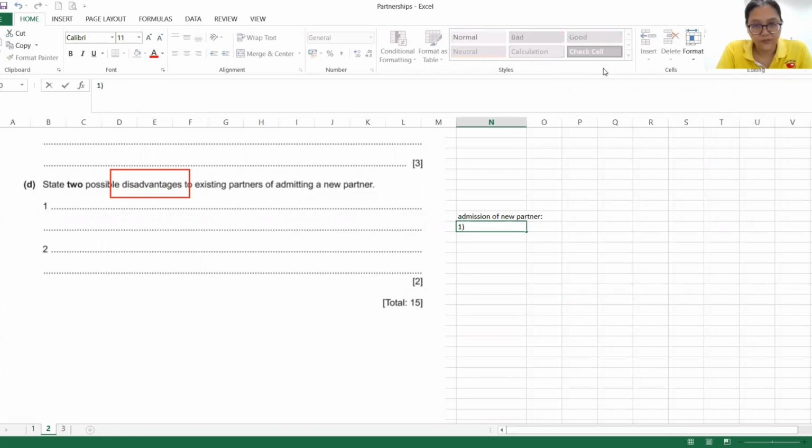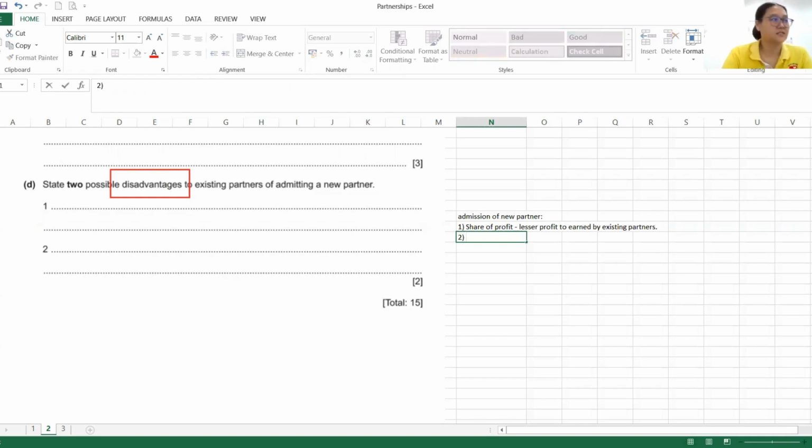First, if you have profit, then you have to share it with more partners. That is not good for the existing partners. So it means a shared profit. This might cause lesser profit to be earned by the existing partners. So this is a disadvantage.